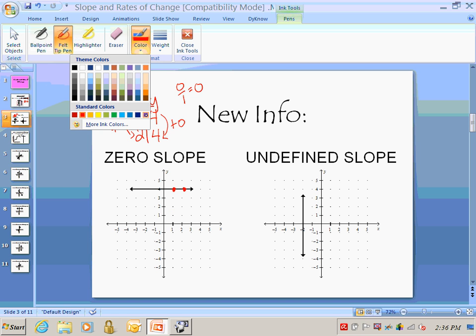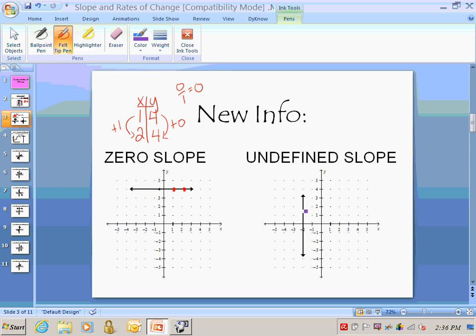Undefined. Let's pick 2 points here. So I'll pick this one and this one. So when we make our table, I have negative 2, 1, and negative 2, 2.